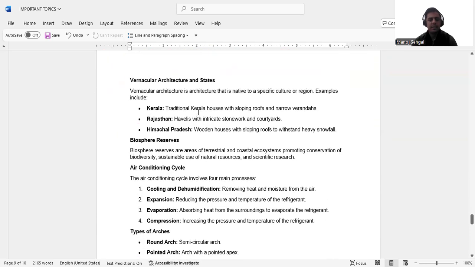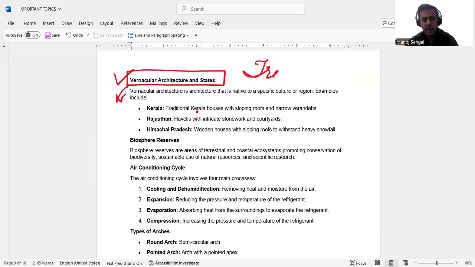Moving on, we have the case of vernacular architecture and the states attached to it. Previously we learned about tribal architecture and the various styles attached to it. Now, the case is the availability of vernacular architecture as per the different states of India.